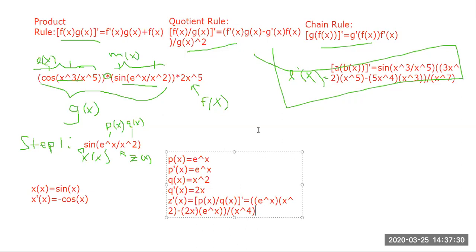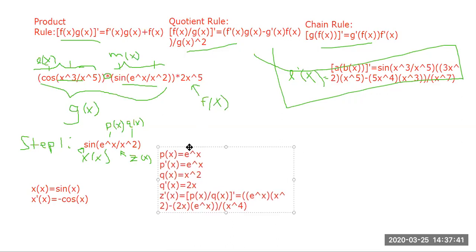Okay, so finally we have our z prime of x. We have our x prime of x, our z prime of x. Now we can use the chain rule again to figure out our m prime of x. Making a text box.